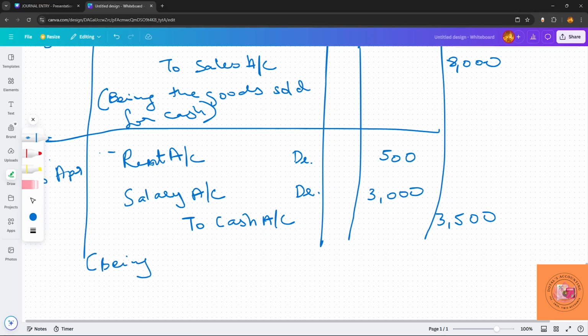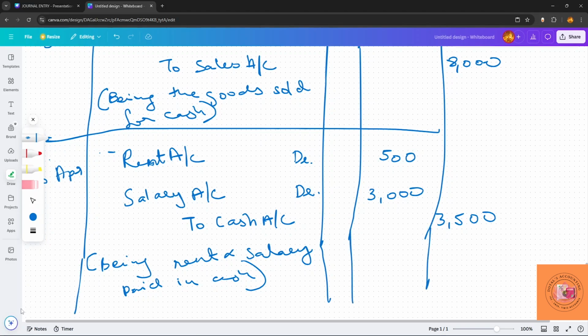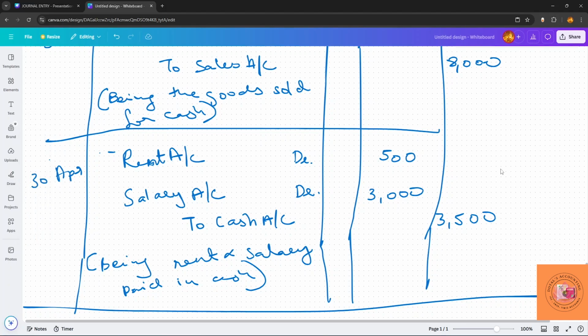Being rent and salary paid in cash. Also, I have passed both of them in one entry because they're being paid on the same day. So it makes no sense for me to write it separately. There is no harm in me recording each transaction separately. But when I can do it together, then why not?